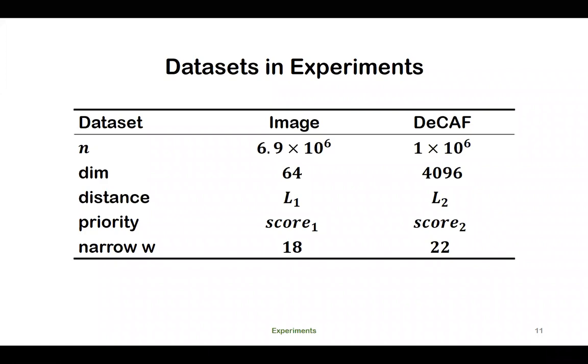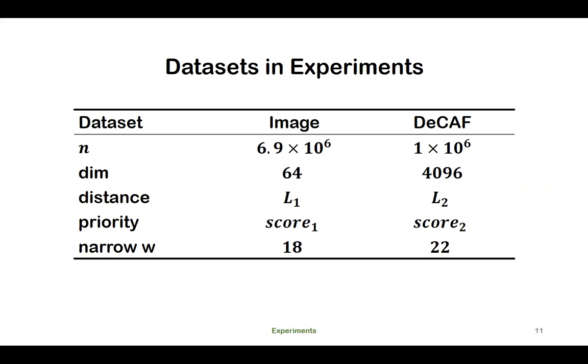We use two datasets in the experiments to demonstrate the effectiveness of the proposed method. The first one is the image feature data used in our laboratory. The other is the DeCAF descriptors of images published by a professor. The number of data points is 6.9 million and 1 million, respectively.